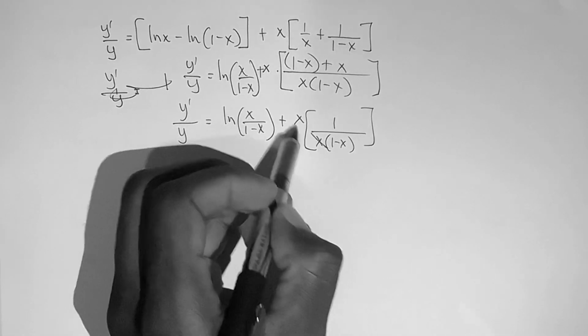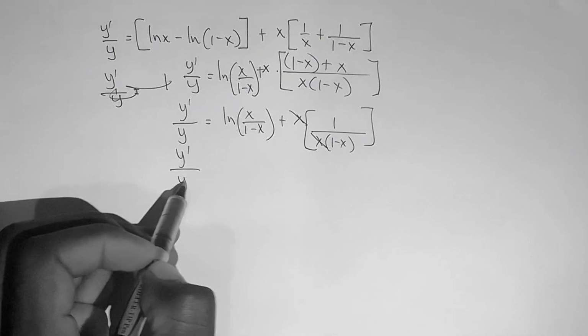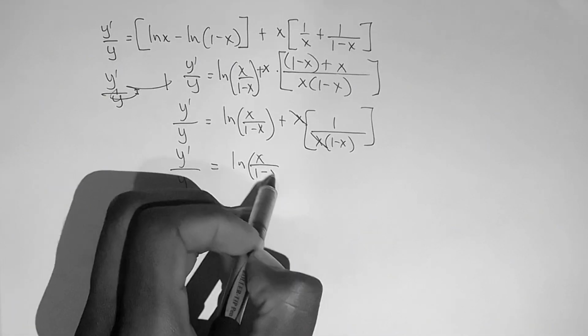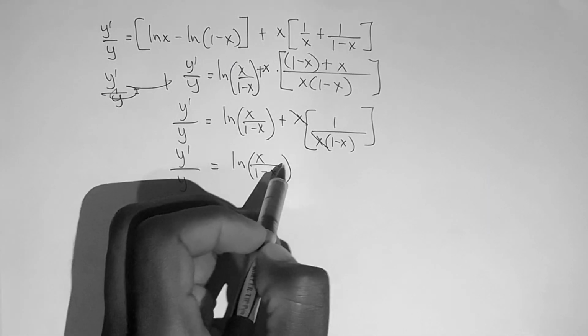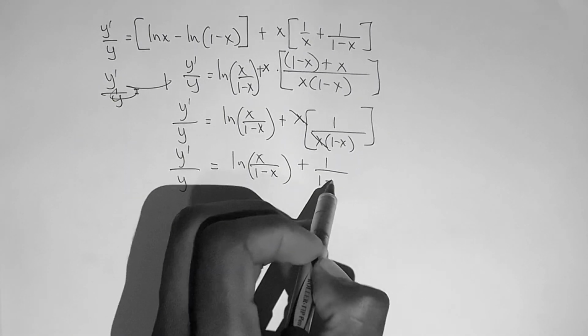Now you can see that this x and this x can cancel out. So y prime divided by y is equal to ln into bracket x over 1 minus x, then plus 1 divided by 1 minus x.